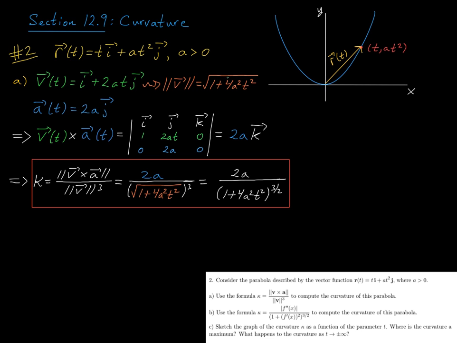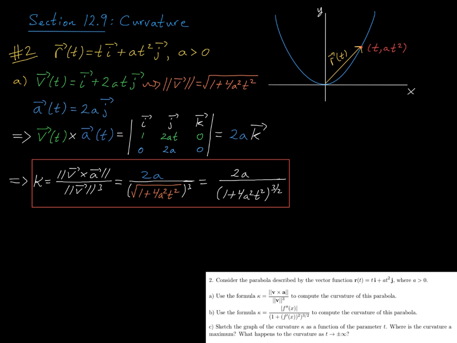So that's the square root of 1 plus 4a squared t squared. For my expression for curvature, I want to cube that here in the denominator, and cubing a square root is just applying this exponent of 3/2 to the expression 1 plus 4a squared t squared. So we get this expression for the curvature of the parabola.